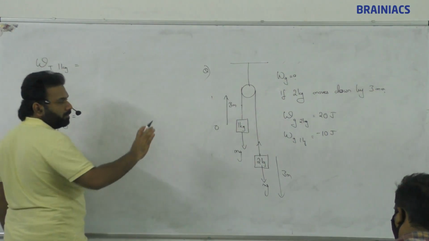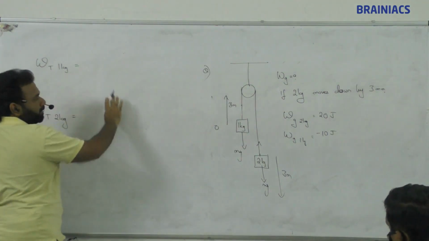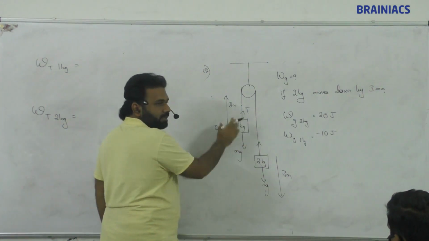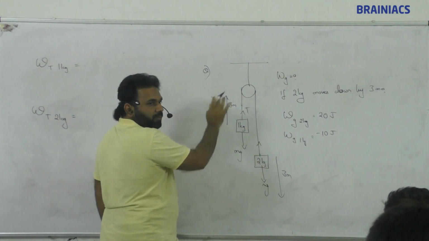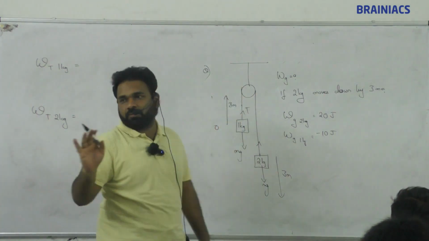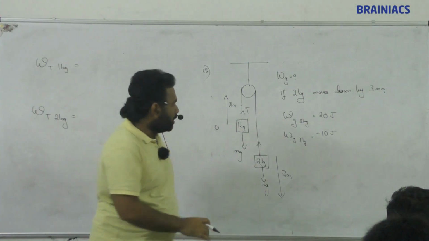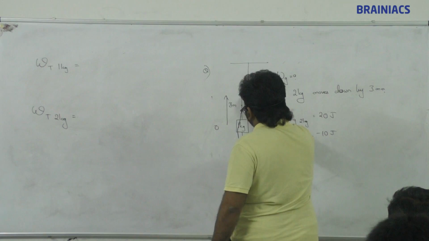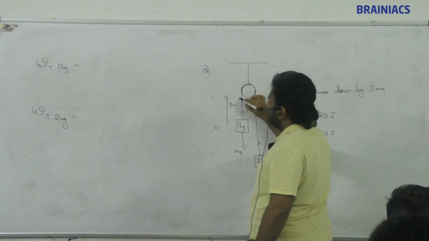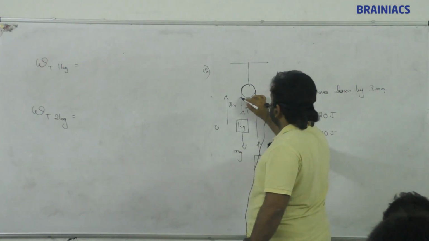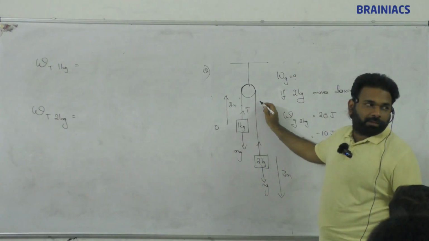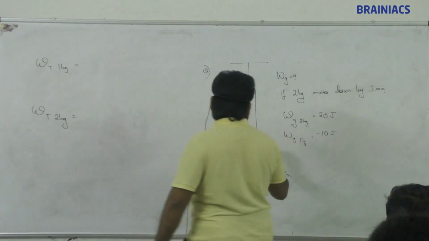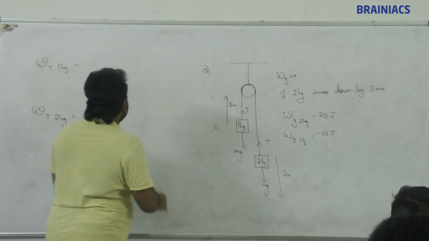Okay, done. Aslam understood. See, children, look here. If mg is acting in this direction, tension will be away from the body. All tension forces will be away from the body. Same wire, so this tension and this tension are both the same.